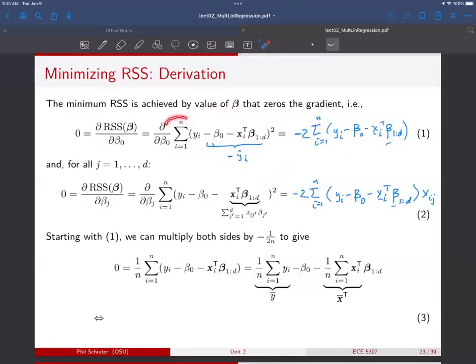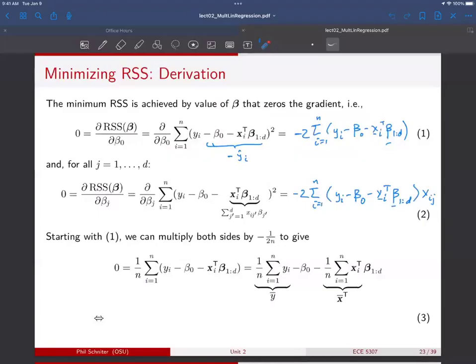We can move this partial derivative through the sum because of linearity. Then we use the chain rule. So you get 2 times this whole thing times the partial derivative of this expression with respect to beta 0, which is just going to be -1. And so that minus shows up here. And this is an expression that has to hold to satisfy this equation.